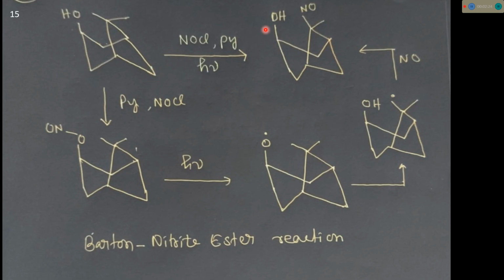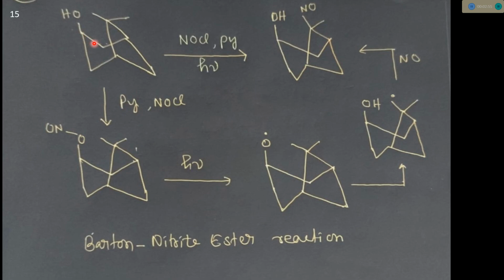There are 4 options. In one option the NO is at this position, in another option NO is at that position, this is the gamma position, alpha, beta, gamma. Actually I don't know, but normally in the Barton nitrite ester reaction, the nitrosyl group will attach at the delta position with respect to the OH group.